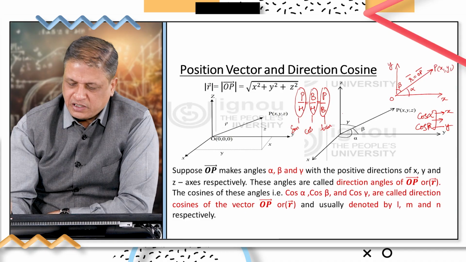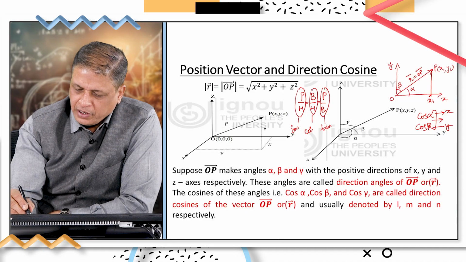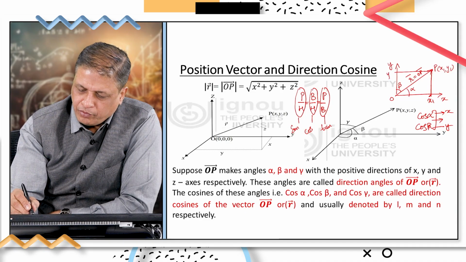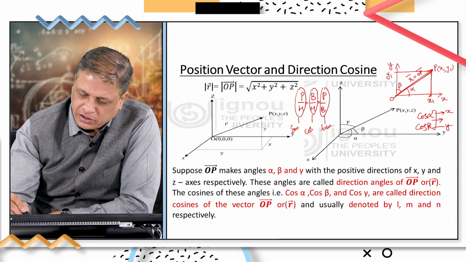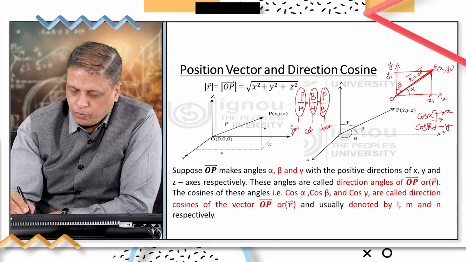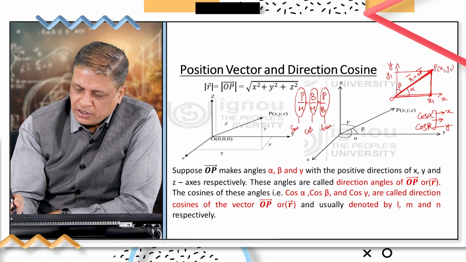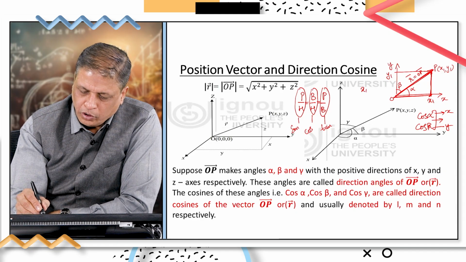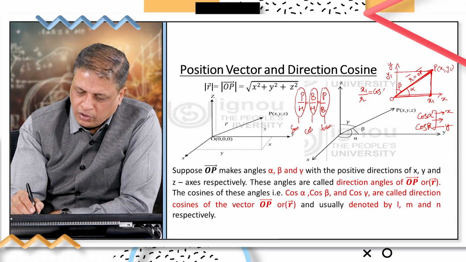So, applying this understanding to this figure for the two-dimensional system, this point is x1 and this point is y1, and this gap is r, this is the hypotenuse. So, base in this triangle is x1, and x1 by hypotenuse r will be equal to cos alpha.